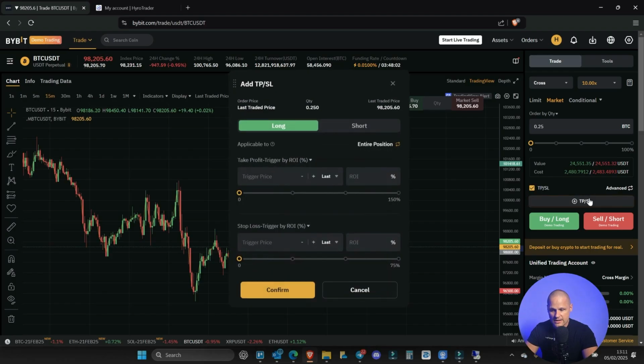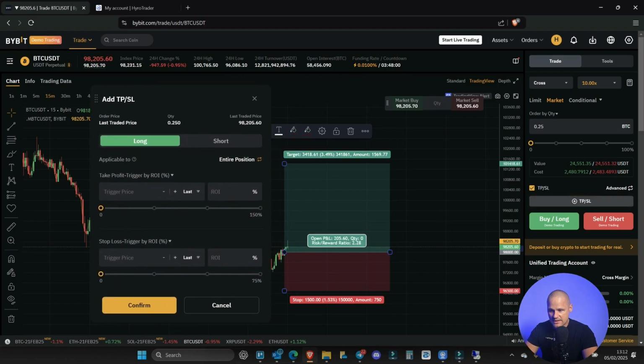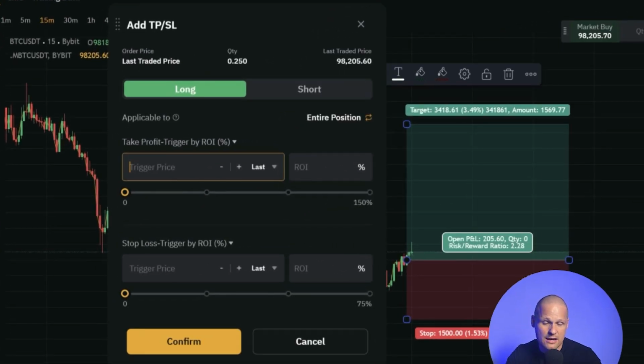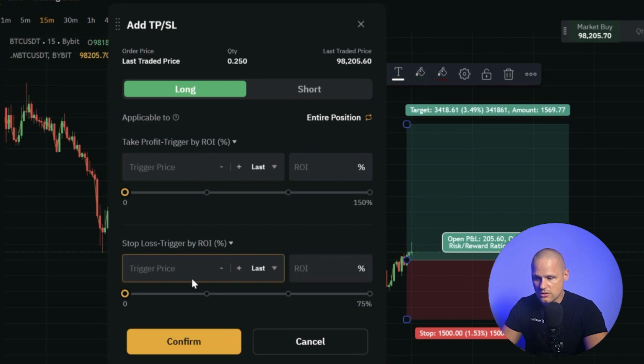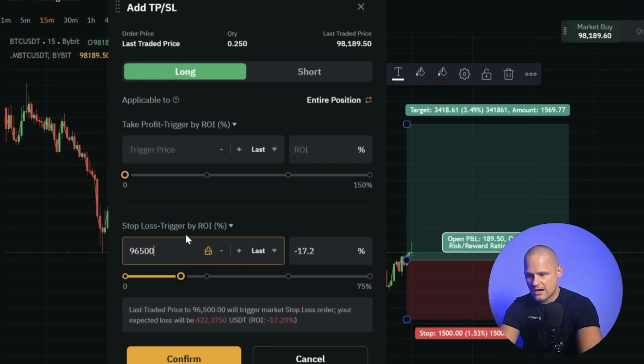I'm going to click into this and set up everything in here. I will not take care of a take profit because it really doesn't matter at this moment, but let's look at the stop loss. So my stop loss will be 96k 500, right?